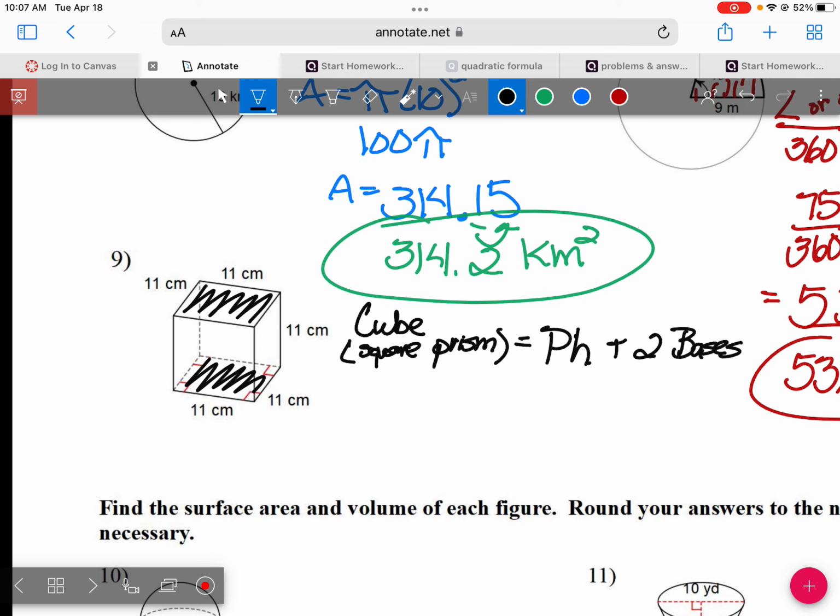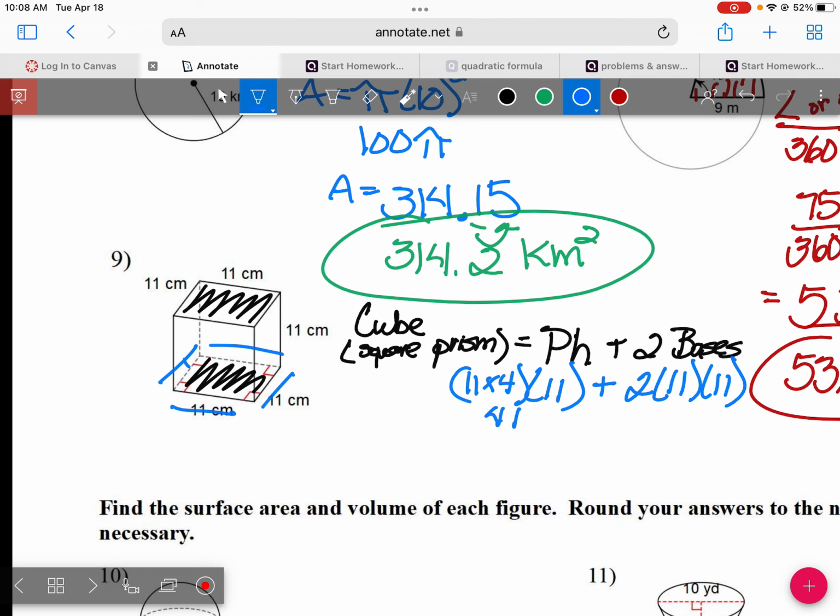Now, you could figure this out. Perimeter would be the distance around, 11 plus 11 plus 11 plus 11, or 11 times 4, times the height of 11, plus 2 times 11 times 11, because your base is a square, which is side squared or side times side.